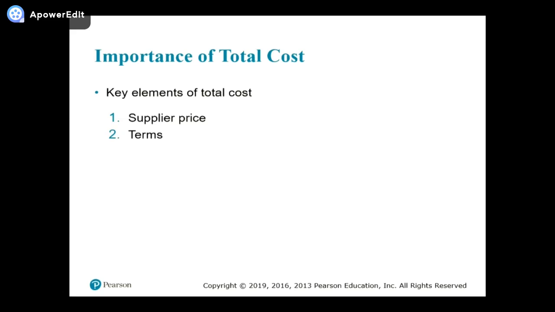And then the terms of the agreement between the supplier and the company are also important. That will determine how fast capital is turning around within a company. Net payment terms, and also potential quantity discounts.